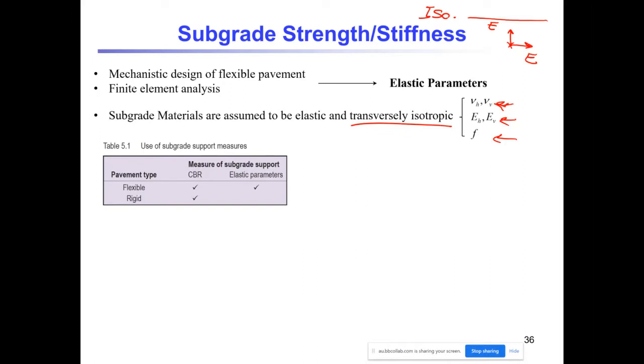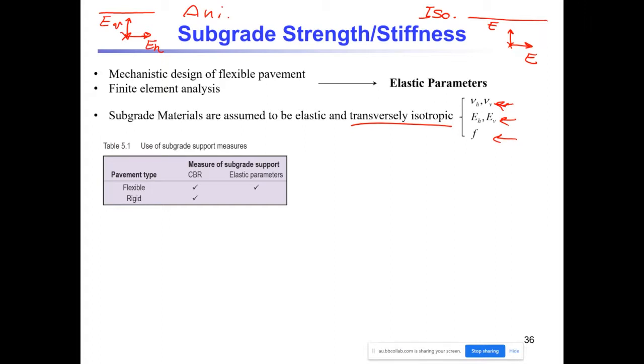In contrast, for anisotropic material or anisotropic soil, the material parameters are functions of the directions. They are changing in different directions. And in transversely isotropic in particular, the values in vertical and horizontal directions are different. So we have one EH in the horizontal direction and one EV.